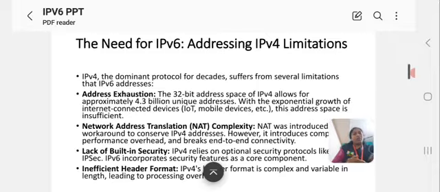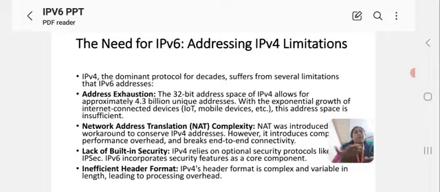The need for IP version 6: addressing IP version 4 limitations. Why are we going to IP version 6? What are the drawbacks of IP version 4? IP version 4, the dominant protocol for decades, suffers from several limitations that IP version 6 addresses. The first is address exhaustion.